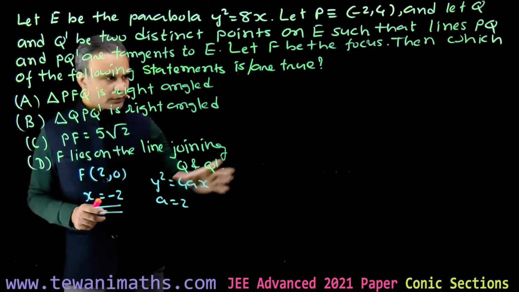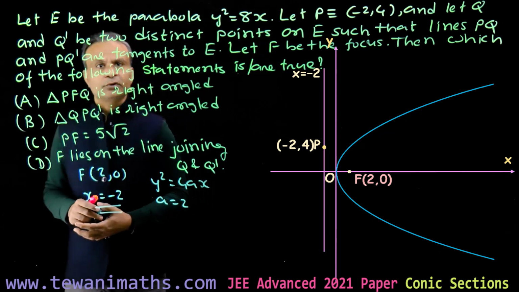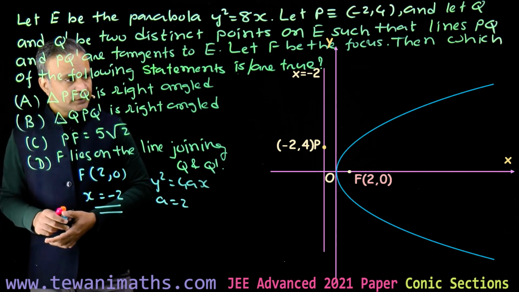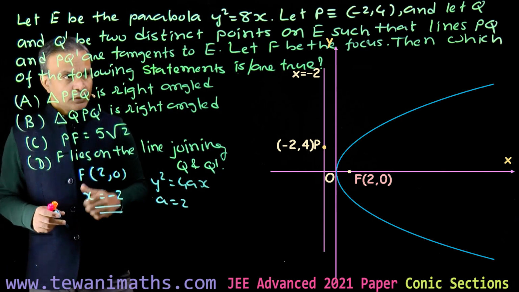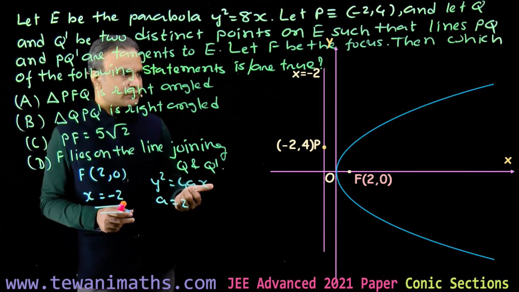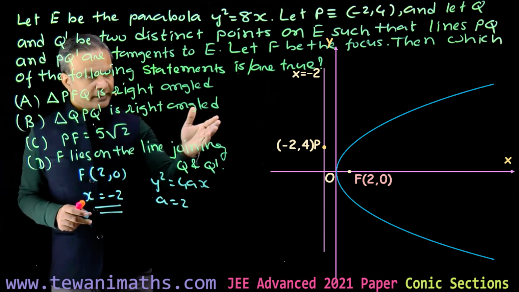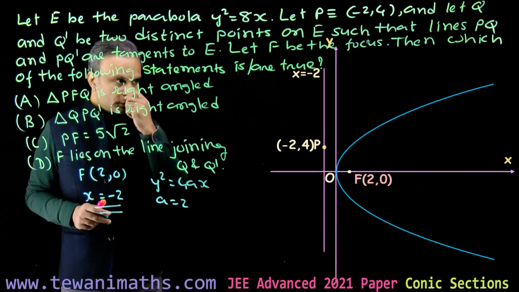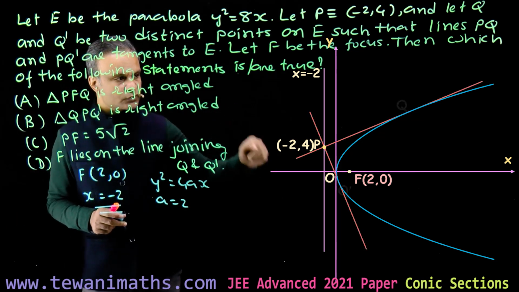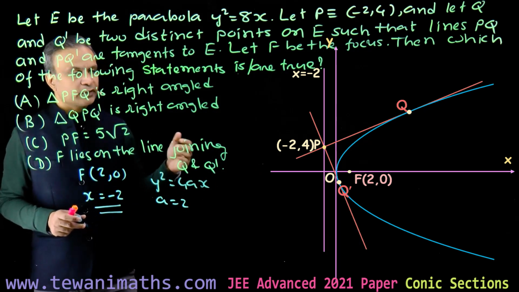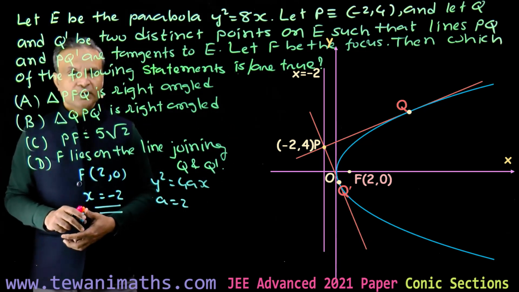Let's draw the figure. Here we have the parabola y square is equal to 8x having focus F (2, 0) and directrix x is equal to -2. Point P has coordinates (-2, 4). Okay, and from point P we draw tangents to the parabola. Points of contact are Q and Q dash.